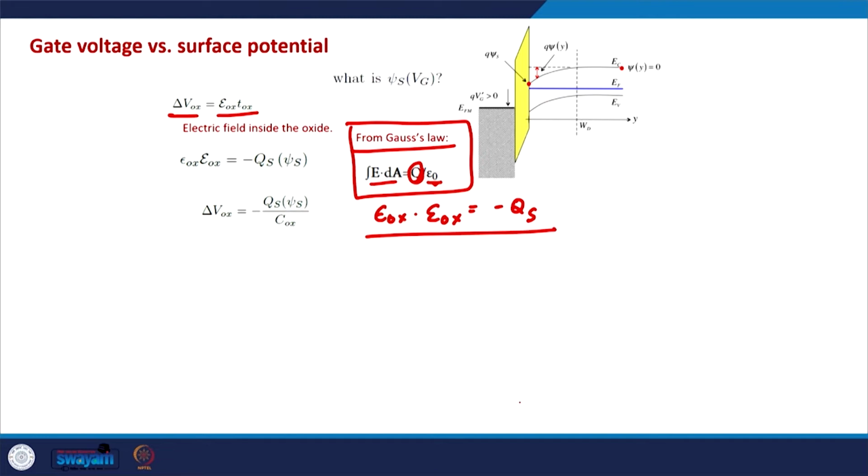We are assuming that there is no interface charge, so that's why this is what we can write down. This Qs is the charge per unit area, and it depends on the surface potential as well.